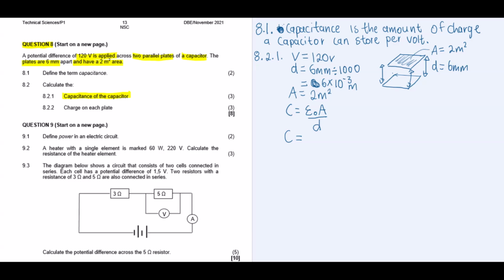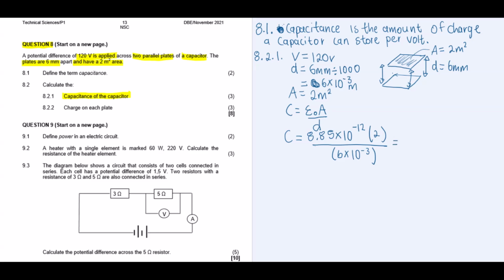The permittivity constant is 8,85 times 10 to the power of -12, then 2, which is the area, over the distance, 6 times 10 to the power of -3. If we check our formula sheet, epsilon naught is a constant there.